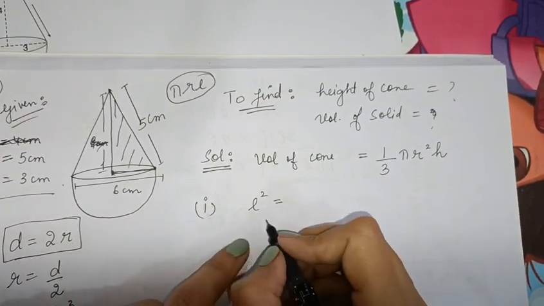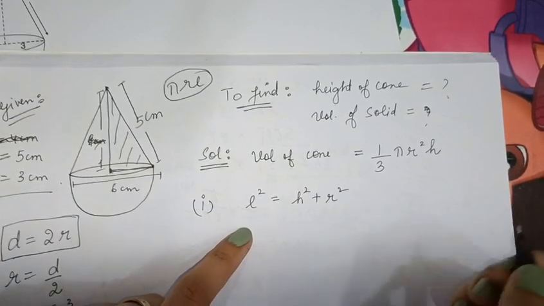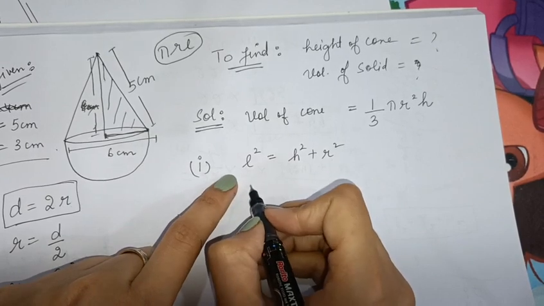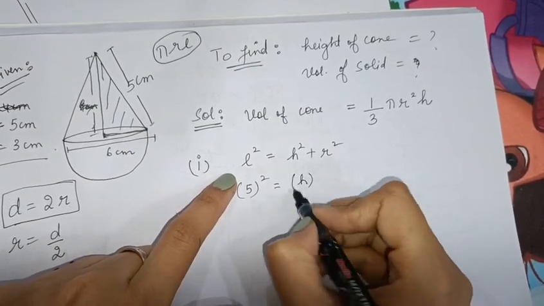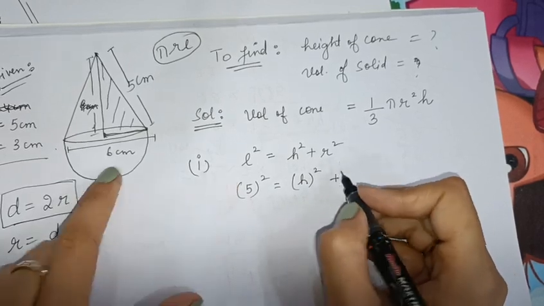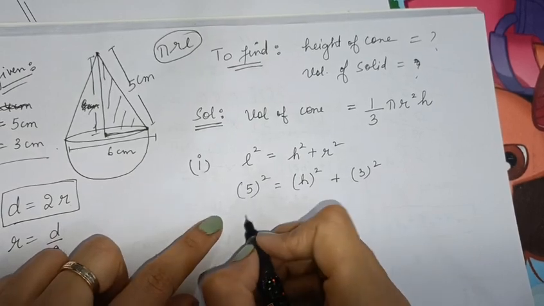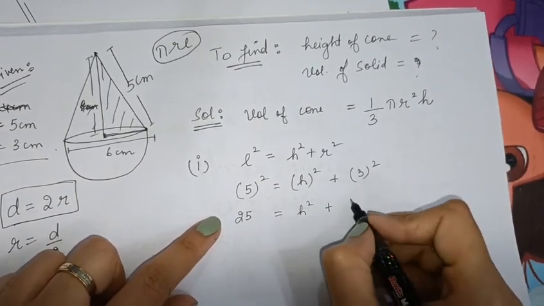So this relation I am using: l square is equal to h square plus r square. The value of l is 5, so 5 square. Height we have to find, so h square as it is, r square is 3 square, since r's value is 3. 25 is equal to h square plus 3 square, 9.